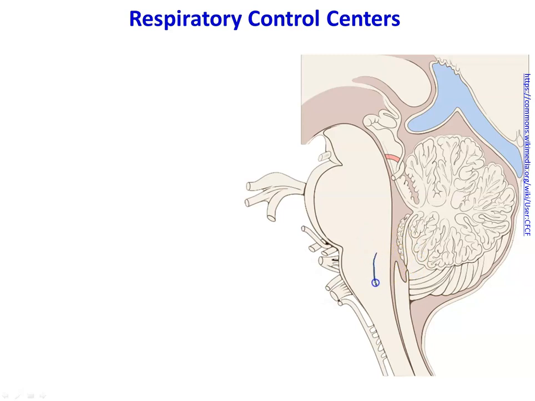Got to make sure I leave enough room. And this one is something called the DRG. Okay, so let's write it out. D stands for dorsal. R stands for respiratory.